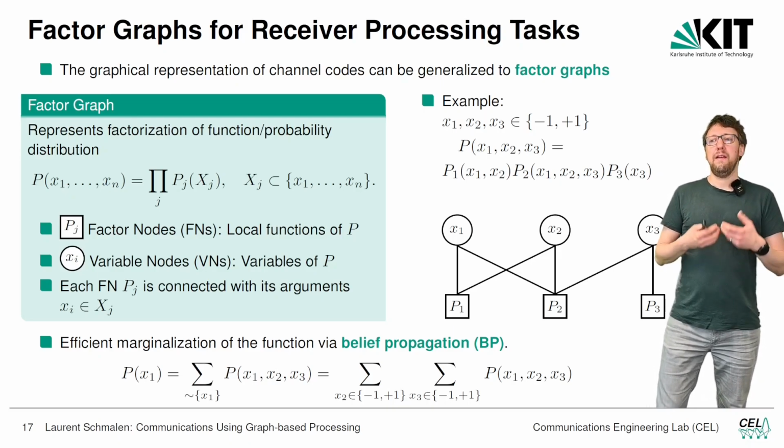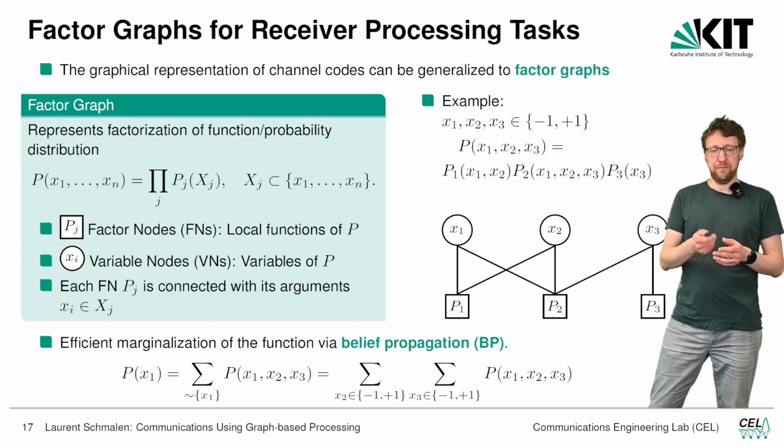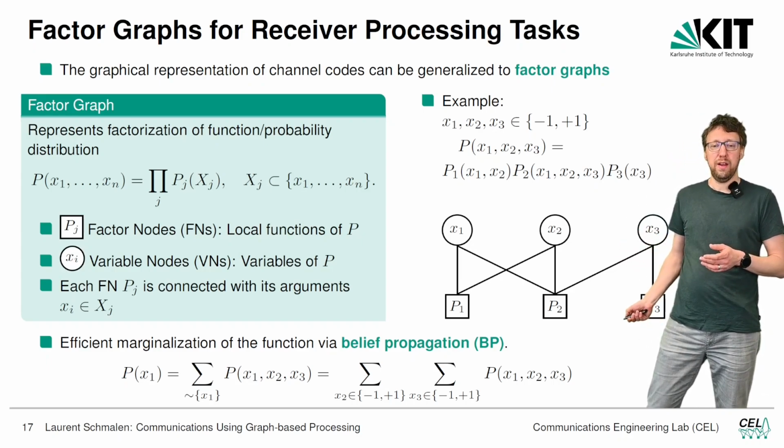Very often in communications we want to compute a marginalization, which means we want to evaluate the function at all possible values of x2 and x3, and then sum up the results in order to get a marginal p of x1.